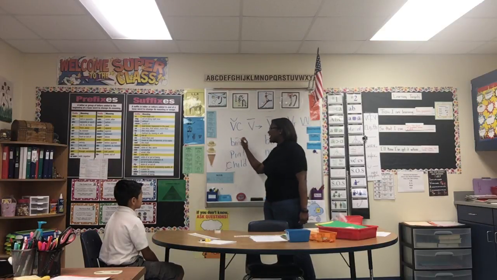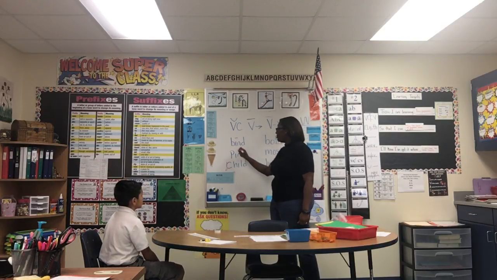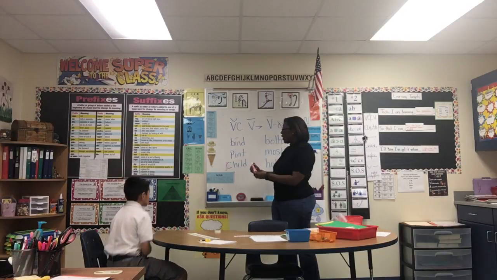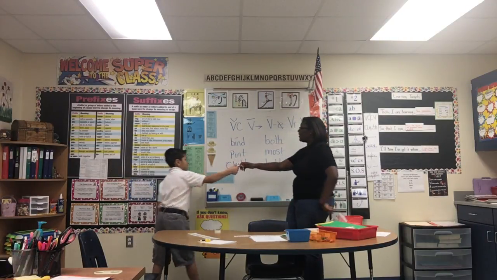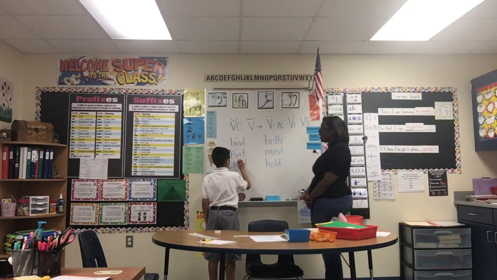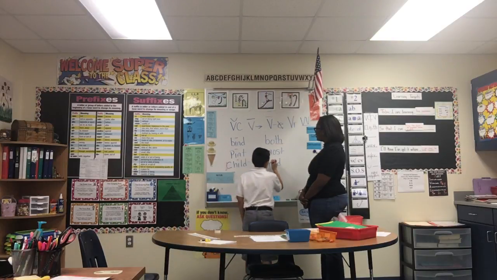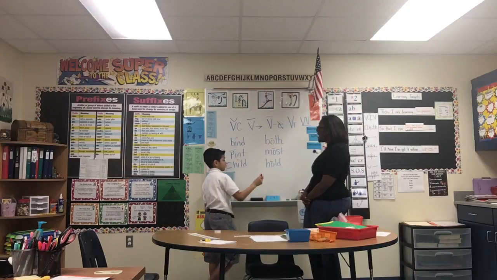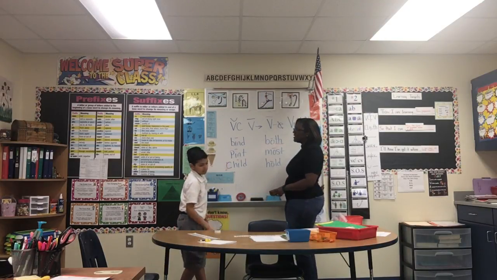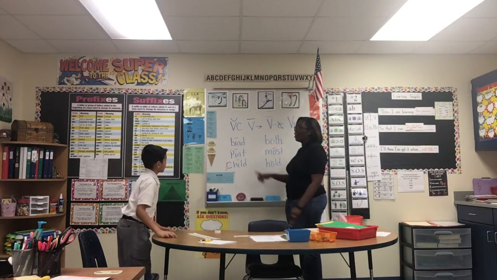The vowel is actually going to be long. So come up and let's change all the vowels to be long with a macron. Now let's read them and see if they make sense with a long vowel.